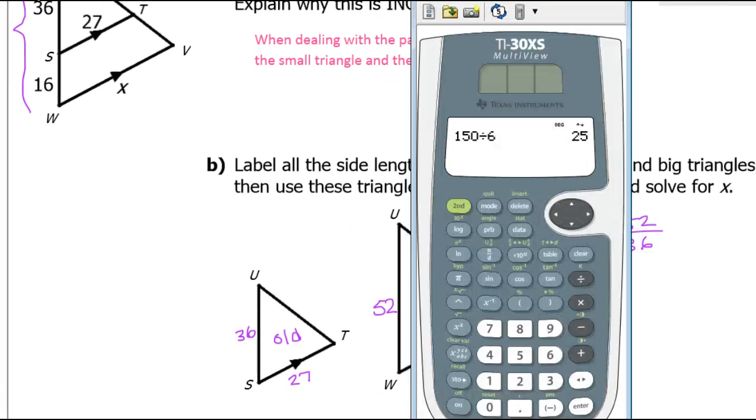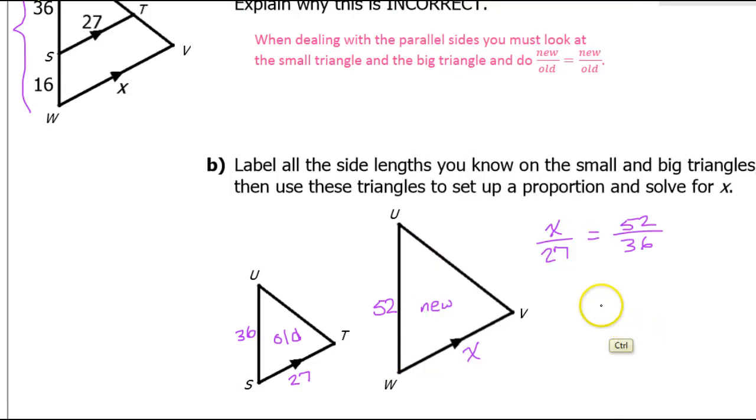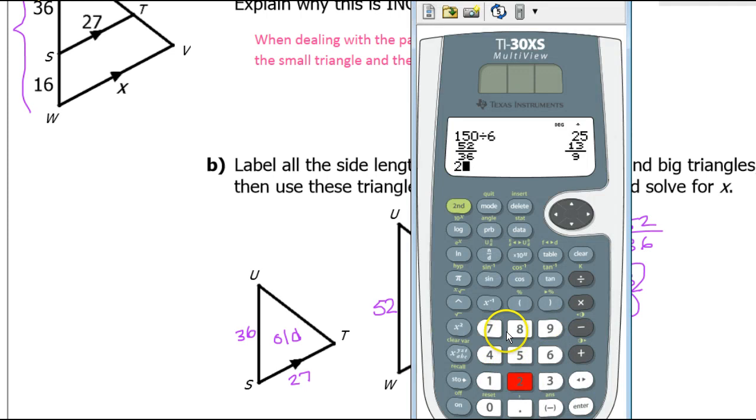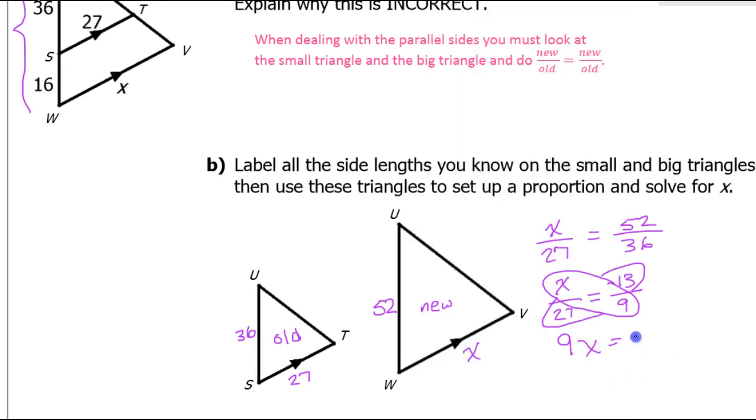So I'm just going to reduce this fraction. So we have 52 over 36. That's 13 over 9. So I have x over 27 is equal to 13 over 9. So if I cross multiply, that's going to give me 9x equals, okay, and if I cross multiply over here, that's 351.